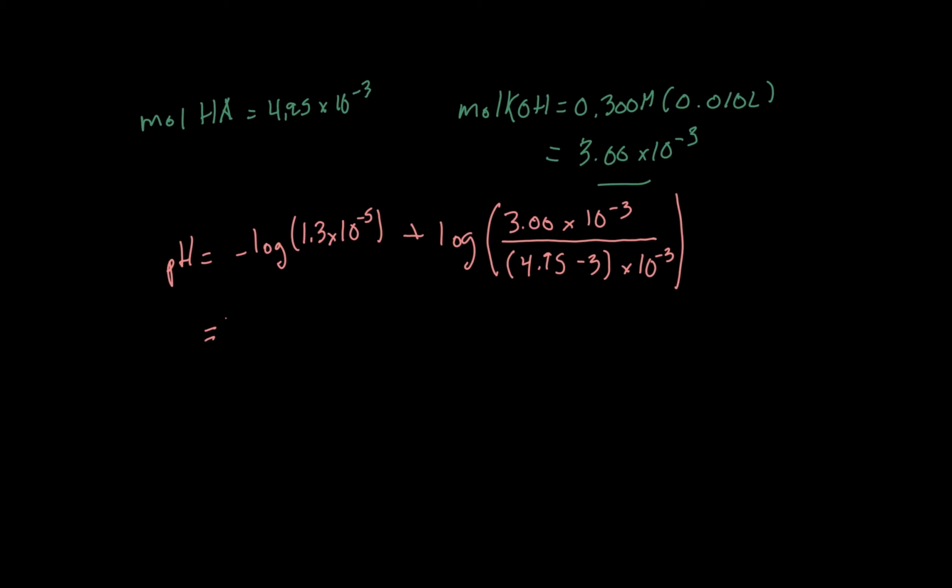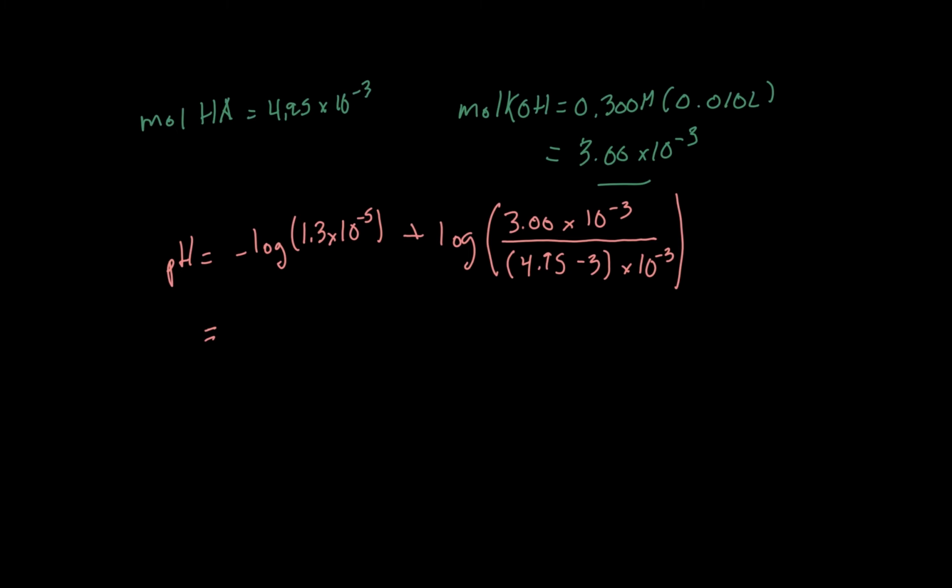Once again, calculator comes out. Negative log of 1.3 times 10 to the negative 5, plus the log of 3 times 10 to the negative 3 over 1.95 times 10 to the negative 3.